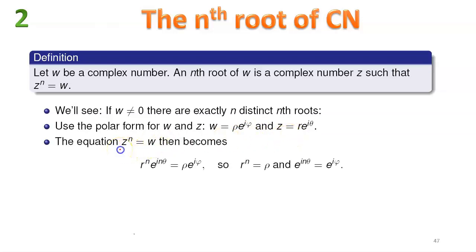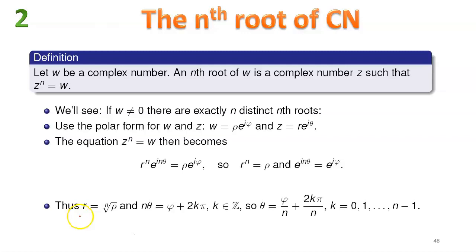Now we have to go ahead with the equation z to the power n is equal to w. So substituting polar forms and rearranging, we can write r to the power n is equal to rho, and e to the power i n theta is equal to e to the power i phi.